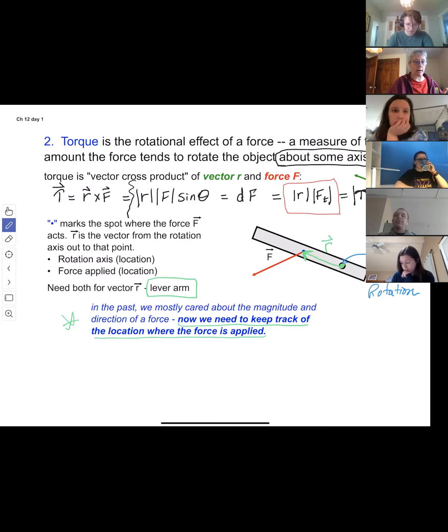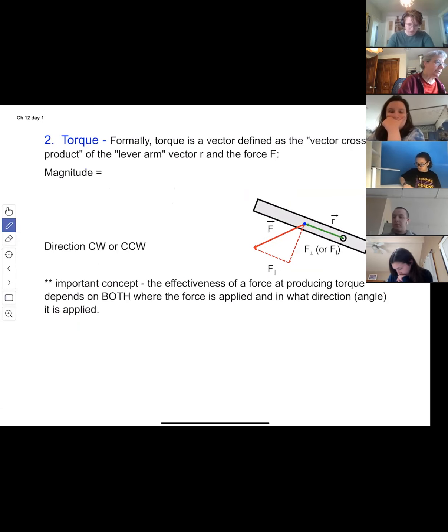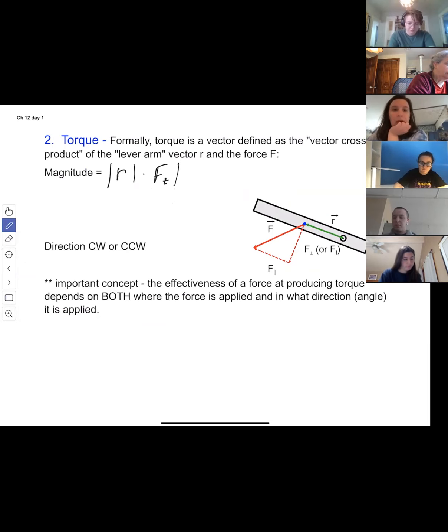So I wouldn't just say my favorite way, but the way that most students I found in the past get it correctly is if you find the magnitude of the torque by looking at the magnitude of R times F tangential, right?